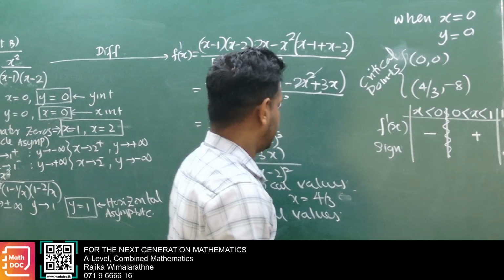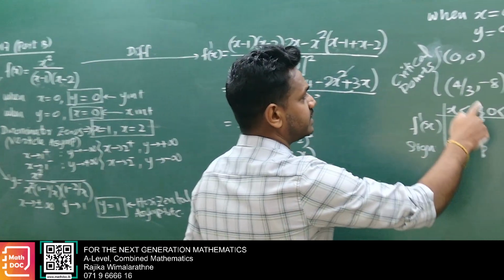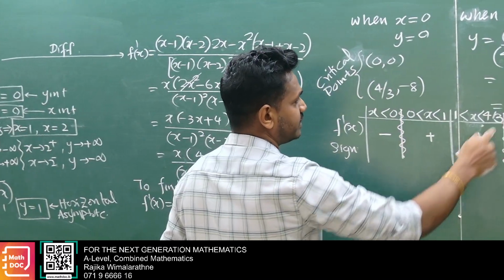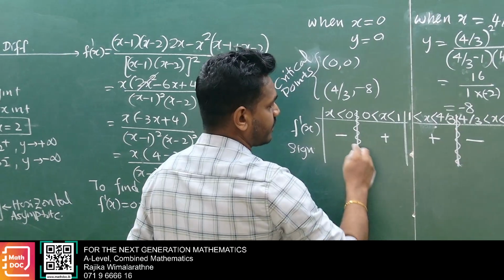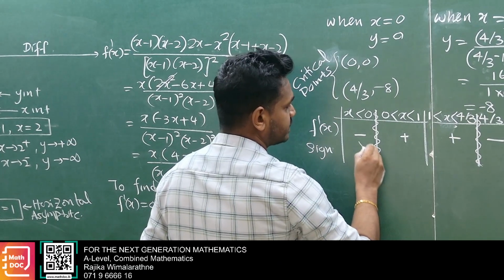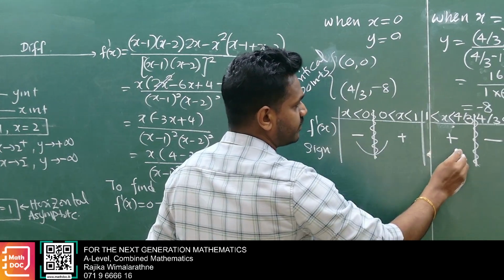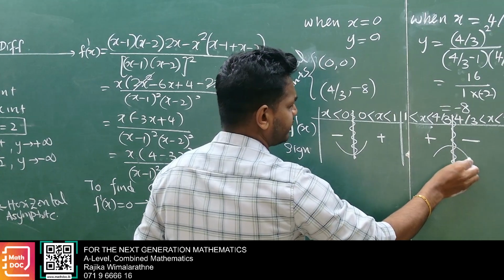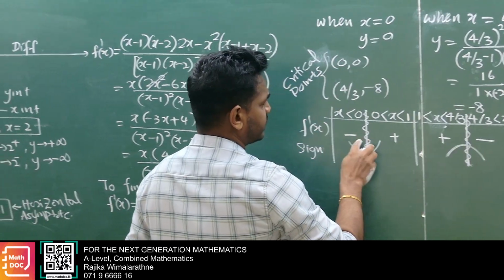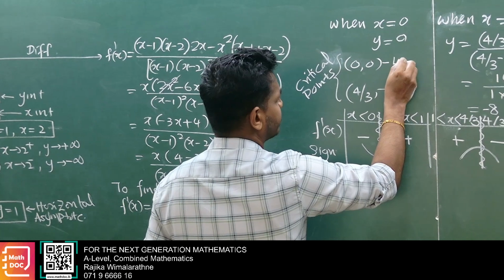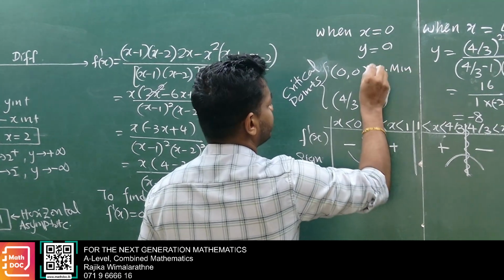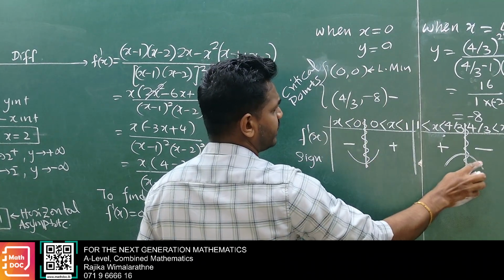Okay. Here critical values, here one critical point. Then minus to plus variation is a minimum, plus to minus variation is a maximum. Then (0, 0) local minimum, here local maximum.